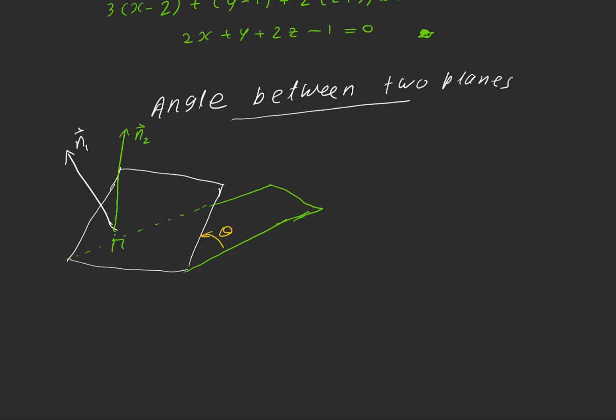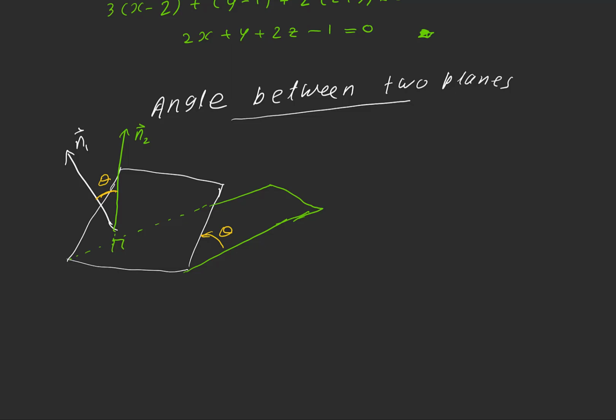Then how do we find the angle between these two? The angle is this, that is theta. The same angle we have between the perpendicular normal vectors, right? So if we can find the angle between normal vectors, that is the same angle between two planes.